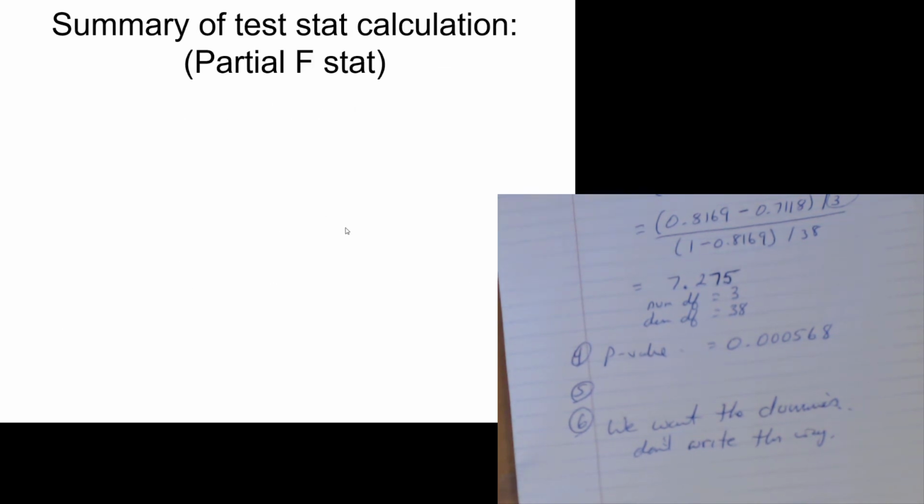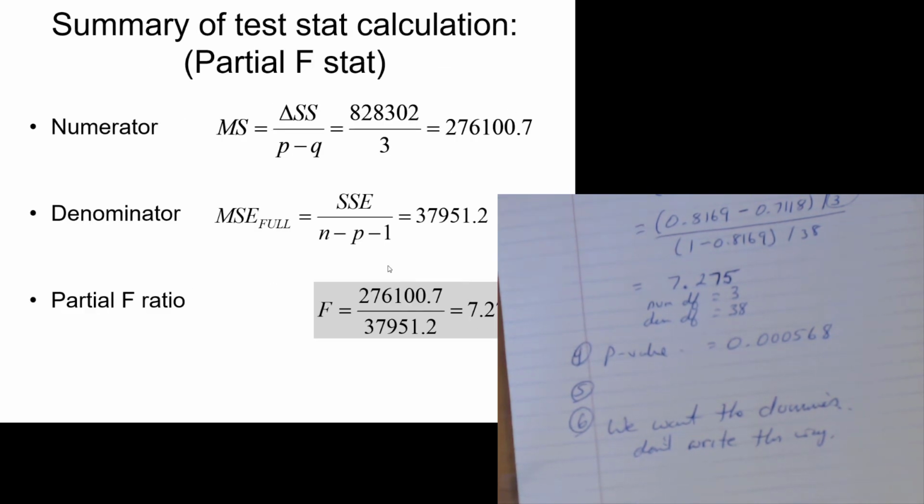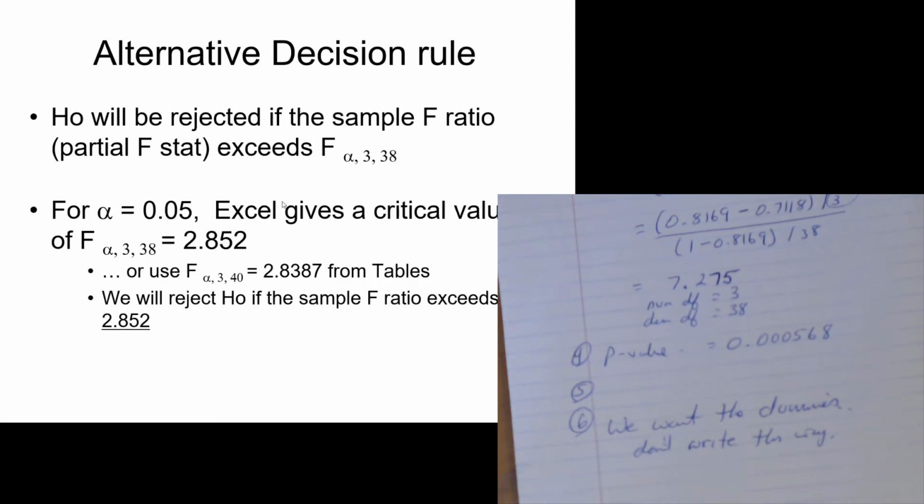And there's the formula again, summary, calculation. Just going about it a different way in case you want to see it, not with the R squareds. Shows you that you get the same F stat. There's a critical value approach. We don't focus in on it. That's a little bit kicking it old school.